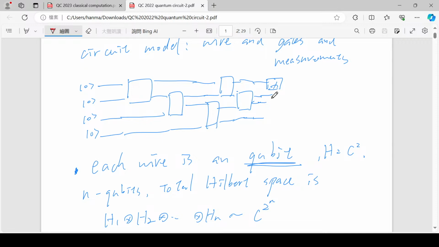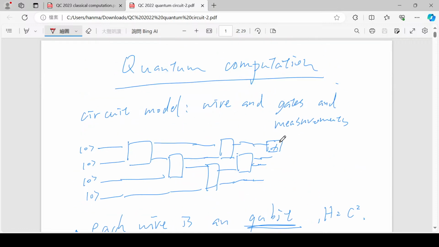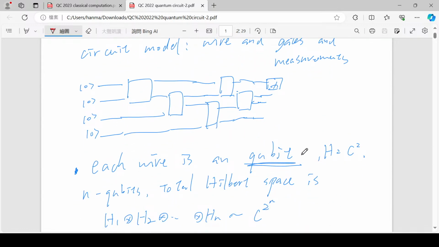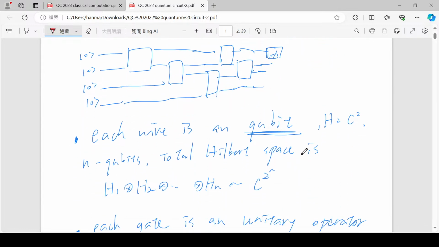The wires now carry quantum information, so each wire we think of as a qubit. In classical computation, each wire was one bit. Now it's a qubit. The Hilbert space for each wire is C squared, a 2-dimensional space, and then we might have n wires, which is n qubits.